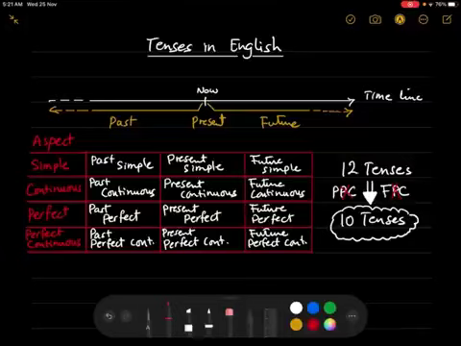So we have 12 tenses in English language, and we will cancel present perfect continuous and future perfect continuous because, as I told you, they are rarely used. So we will focus our attention on only 10.